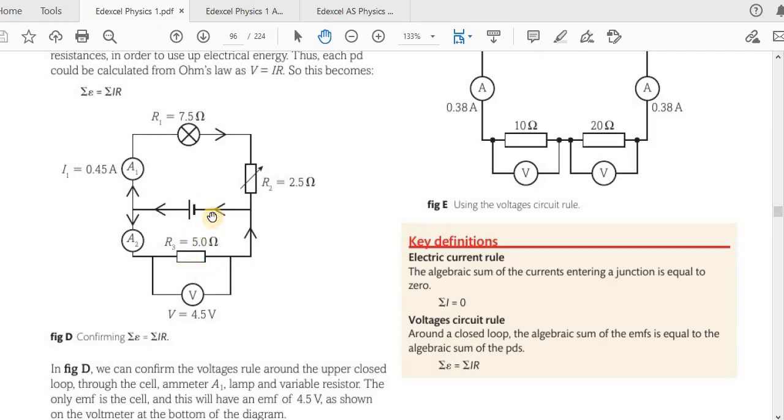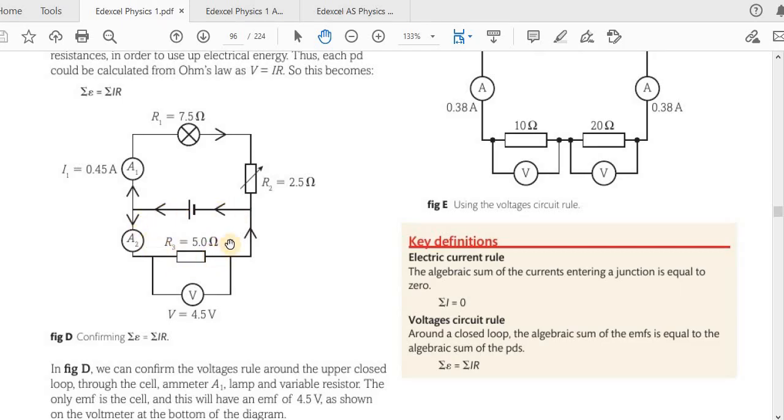So if they are in parallel, they will have the same potential difference across them, and the voltmeter already gives the reading to be 4.5. So that means the EMF of this power supply, because it doesn't have internal resistance. Now again, don't worry about internal resistance. If you don't know what that is, later on you will learn that. Okay, so forget about it for now.